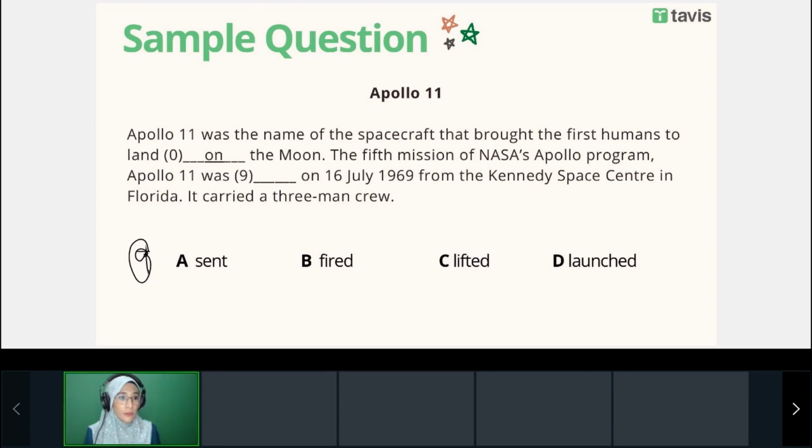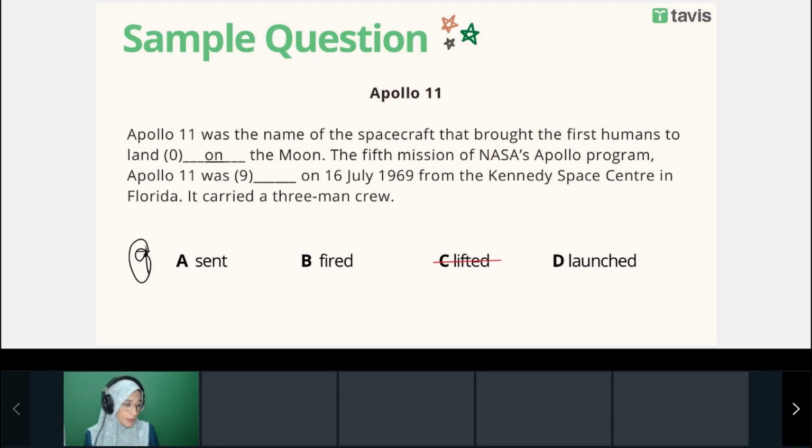Try and cross out the one that is wrong. So if you think C is wrong, just cross it out. Sorry, let me just use a red color. All right, just cross it out. Now, do you think it's launched? What is launch?